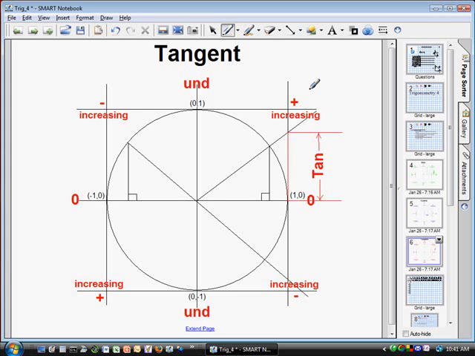You can imagine why. You've got this vertical line over here that you're trying to meet, and this angle is getting closer and closer to being parallel to it, right? At 90 degrees, they're never going to touch, right? At 90 degrees, will these two guys ever touch? No. So what's the length? Infinite. Actually, we call it undefined.